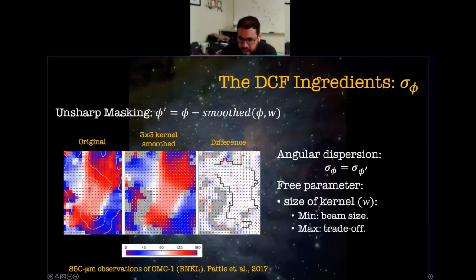Now, for this method in particular, you have the free parameter of choosing what the smoothing kernel will be, and two considerations need to be taken into account when you consider the size of the kernel. If you have a kernel that's too small, for example, below the size of the observation's beam, then you will be smoothing vectors that are correlated to each other.